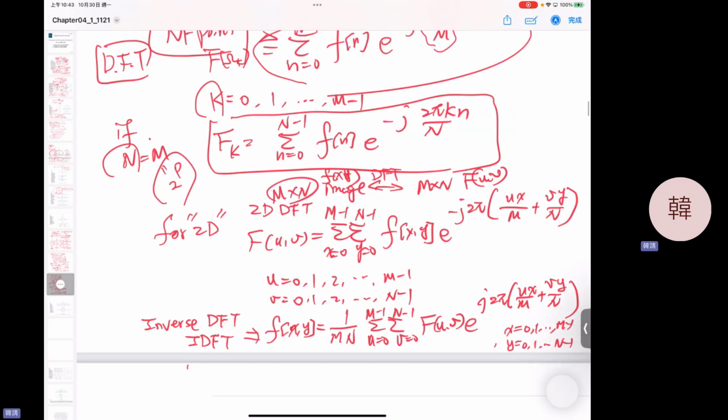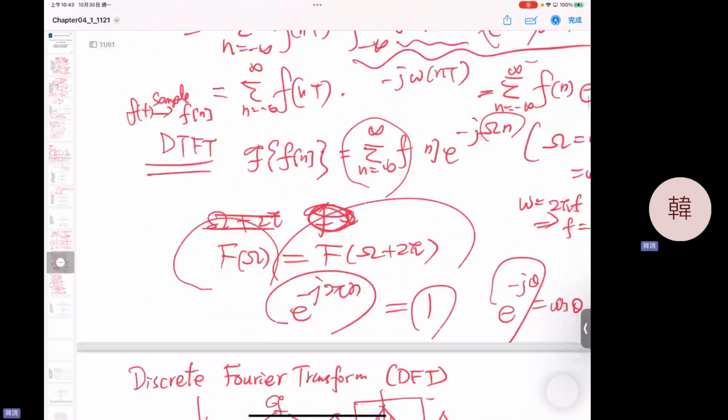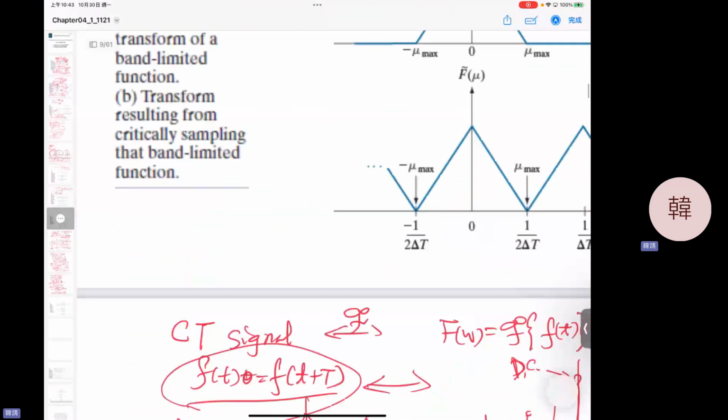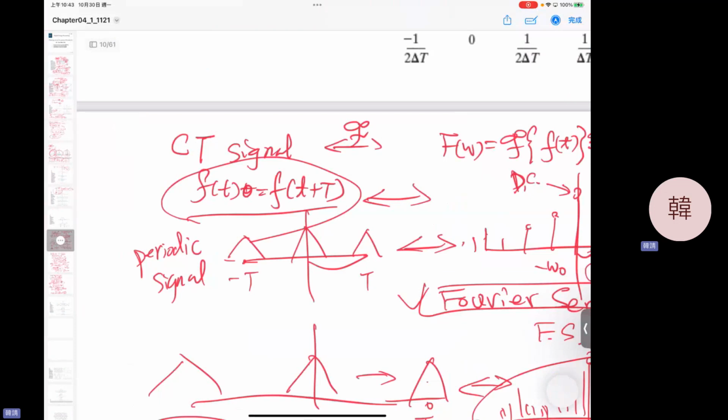Yeah. So this is a whole semester in signal processing, starting from Fourier series. Because your signal is assumed to be a periodic signal, and when your signal is periodic, your spectrum must be spike-like, a nice spectrum.